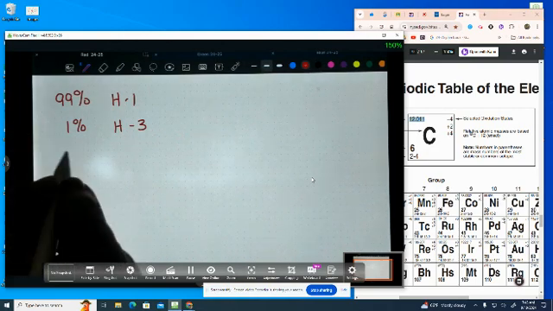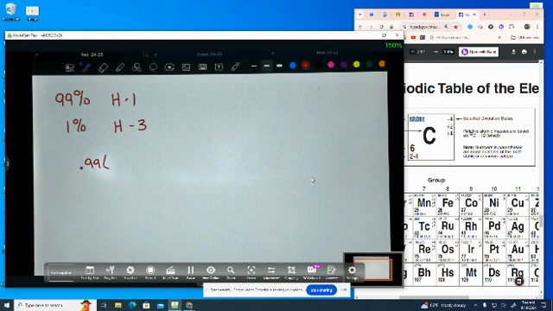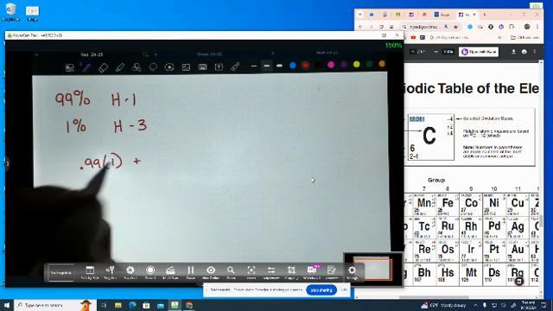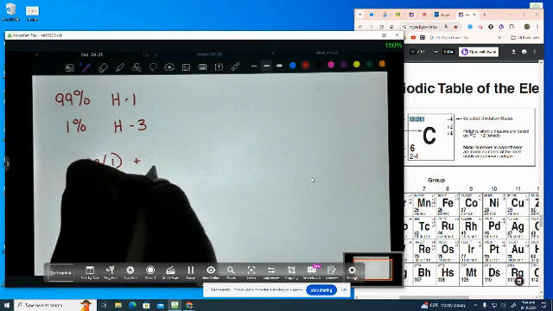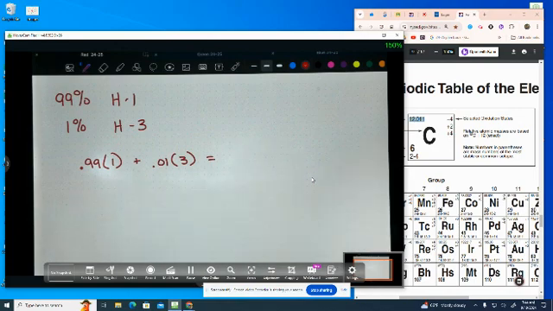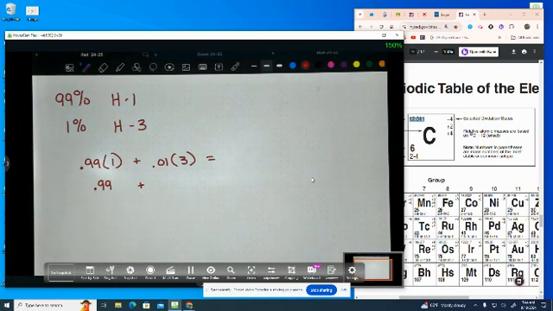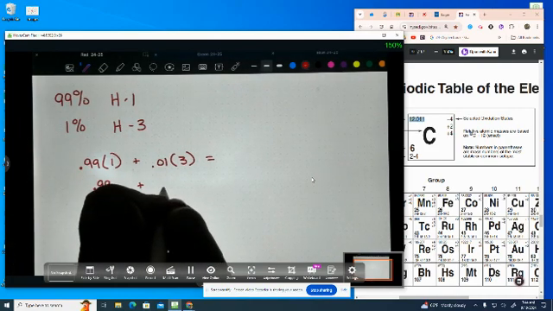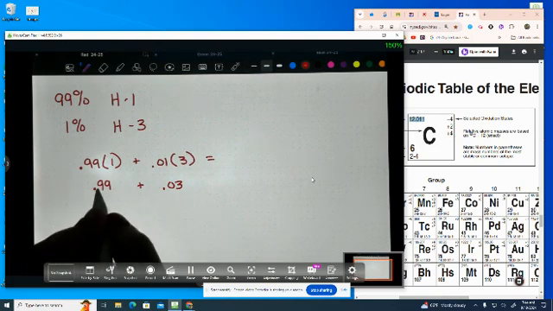Okay. So we're going to take 0.99 times 1 plus 1%, change that to a decimal, 0.01, you guys are smart, times 3 equals. Now 0.99 times 1, even I can do that in my head. And 0.01 times 3, I can do that in my head too. And so then I've got to add these up.